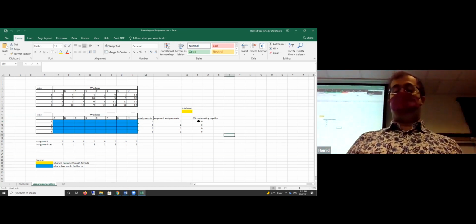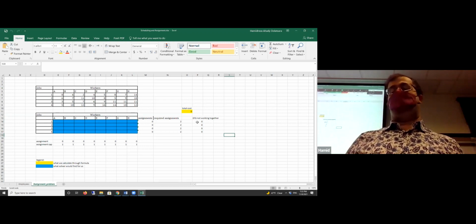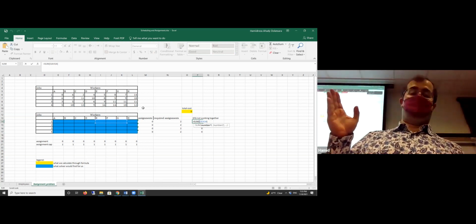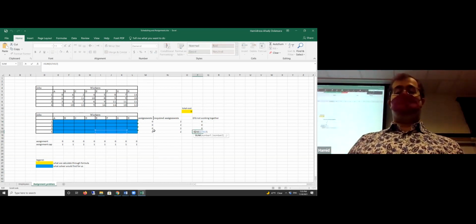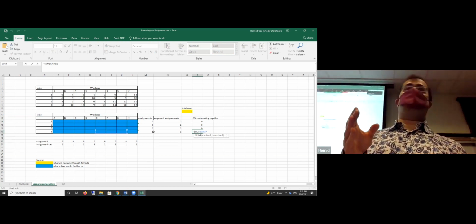Also, for each job, 1 to 4, we should take care of the EFG constraint. For example, I have a column of EFG not working together. Just click on each of them. It's the blue cells under workers E, F, and G. Even the last one takes care of the assignment of E, F, G on job number 4.